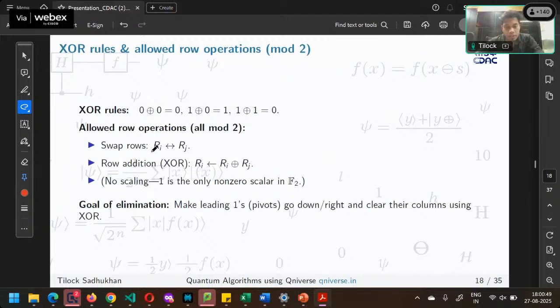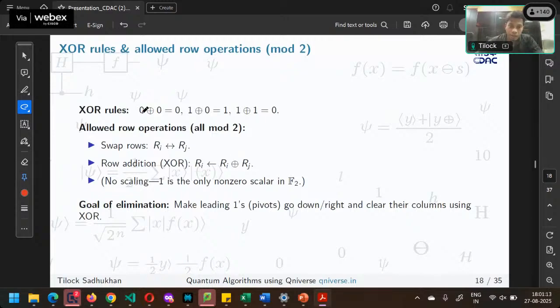We can swap the rows. We can do row addition. Here, row addition means that we have to apply the bitwise XOR operation. It's not simply adding the two rows. When we say we are doing the row addition operation in the context of binary numbers, we essentially mean we are applying bitwise XOR.